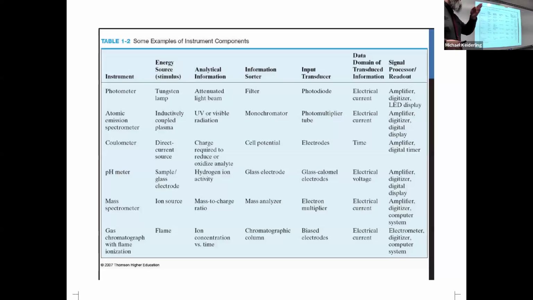A monochromator is something that allows you to choose a specific wavelength to look at. There's a whole bunch of different types, which we will talk about later. But the basic idea, you can think of it as a prism and a slit. That is one design of monochromator. It's detected with a photomultiplier tube, which is just a more sensitive way to detect photons. You get electrical current out, then you amplify it, digitize it, and feed it to a digital display.